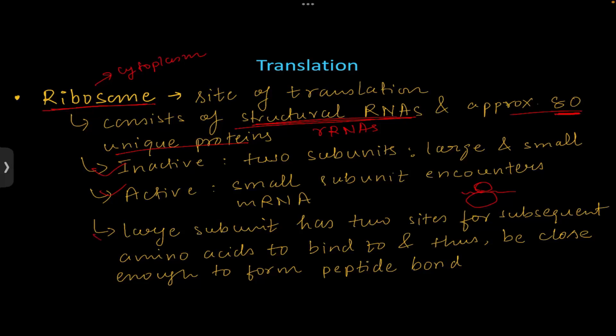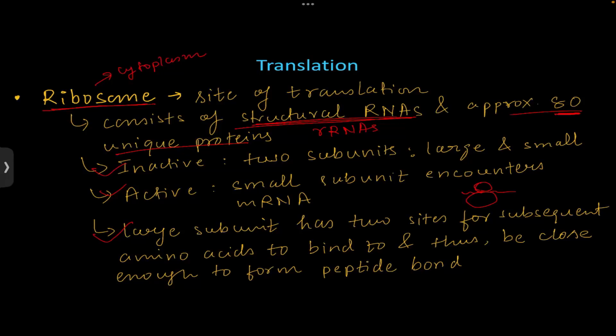Now the large subunit has two sites, such that it can allow two tRNA molecules to be present at a particular time. Why is it important? Say at the start of the translation process, one tRNA molecule with methionine attached to it comes.